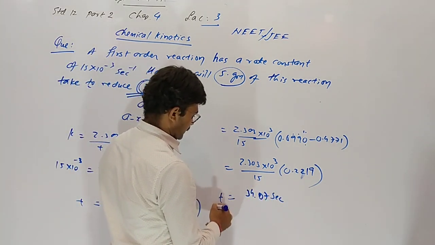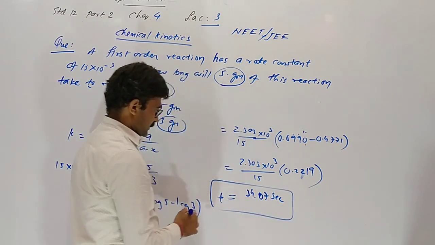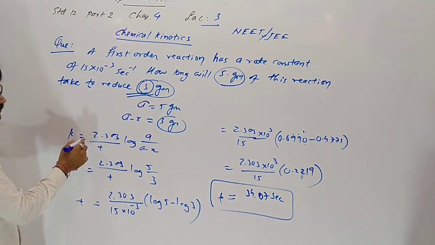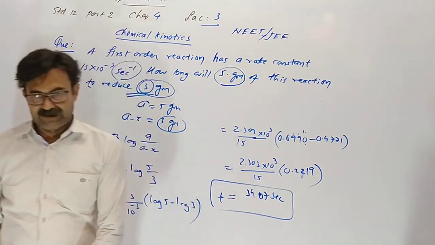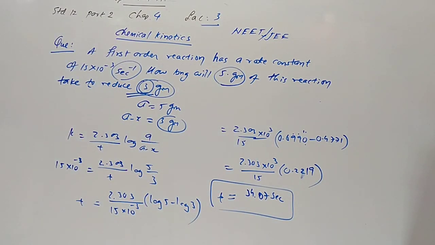This is our answer. K is in second inverse, so our time comes in seconds. Understood? This is our answer. Now some new concept.